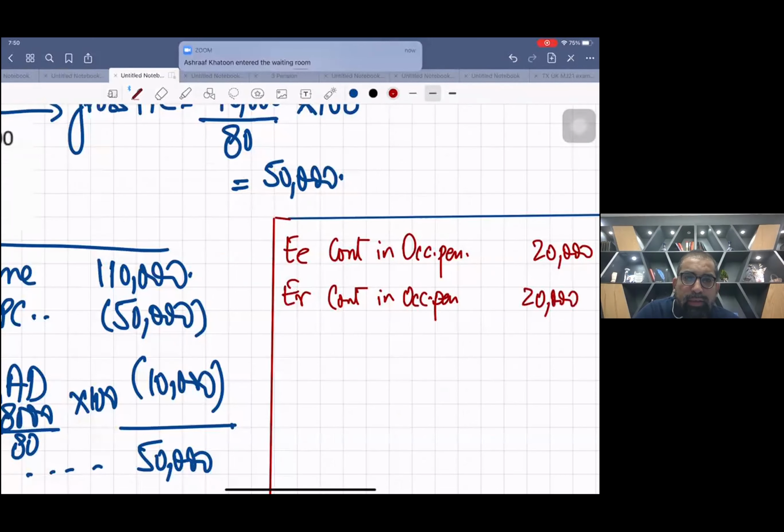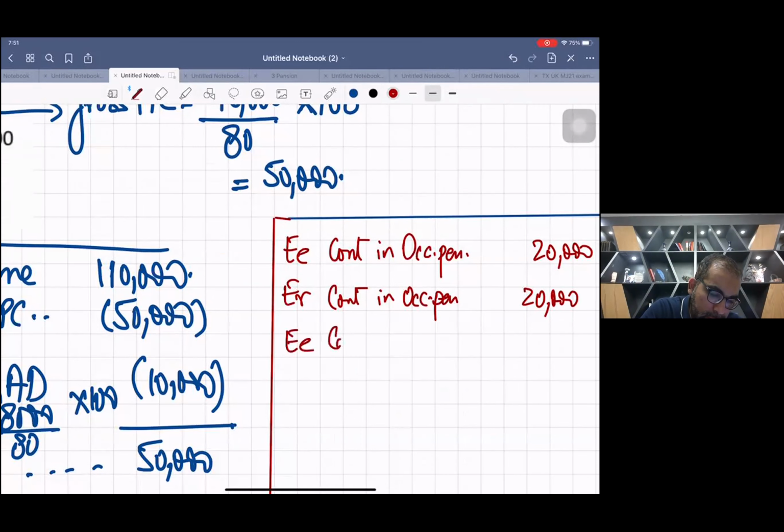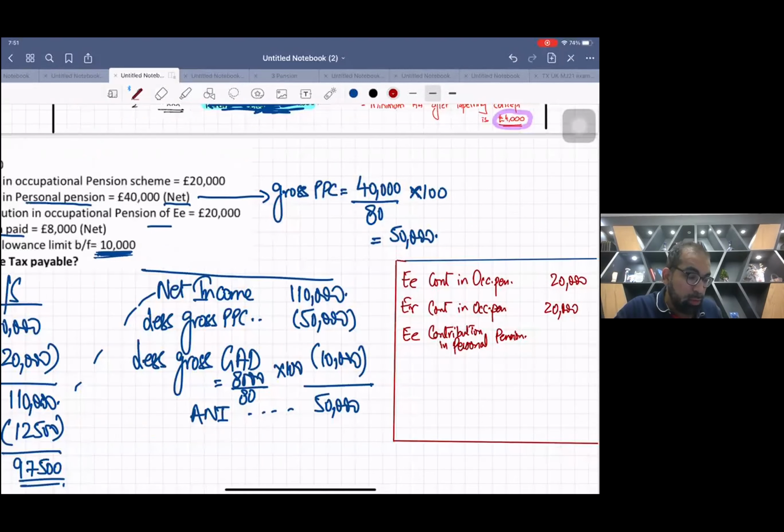Okay, then employee contribution in personal pension. Now wait, this third line is a dodge. Here you have to write the relief amount. All of you, please look at me. This thing you may forget.